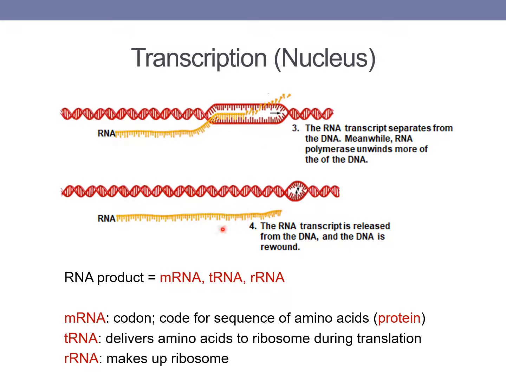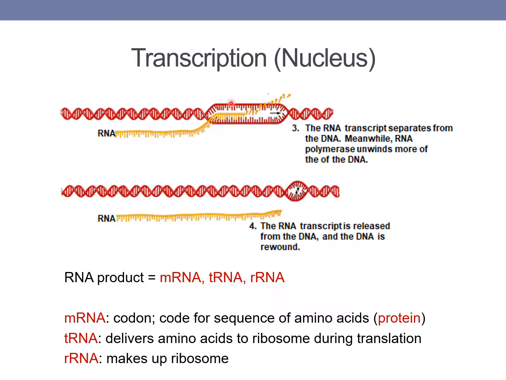And so once the transcript is completed, then it's released from the DNA, and the DNA is completely rewound, and then the RNA can travel to the ribosome in order to be translated.